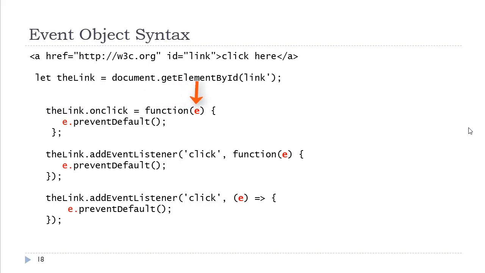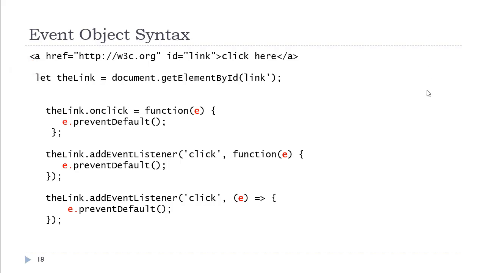In the parentheses, we're going to pass it the letter e. It represents the event object because ultimately we're going to call an event method or event property on it. And in this case, e.preventDefault, therefore I'm preventing the default action of this link. So if you look at the link, it is no longer going to the W3C page. It's just going to do whatever else is in the function.